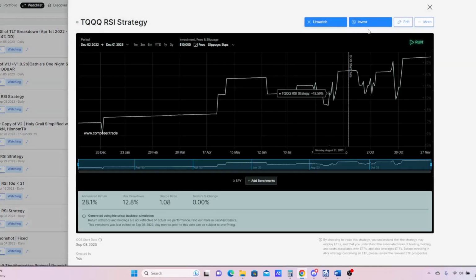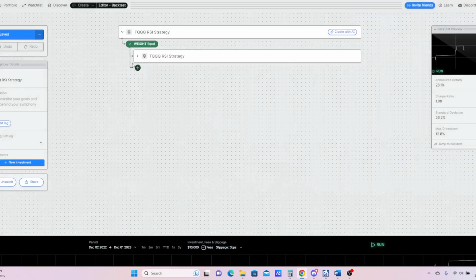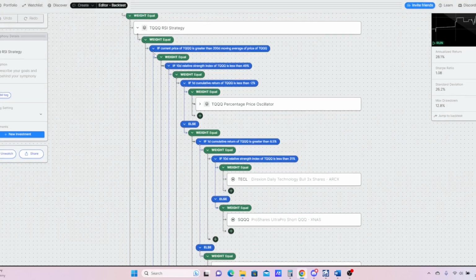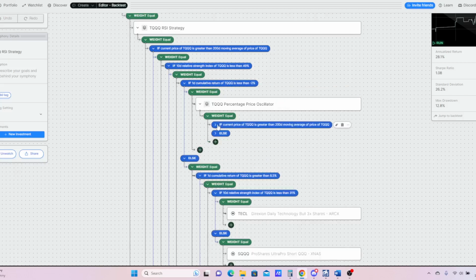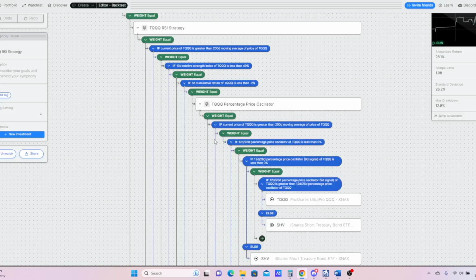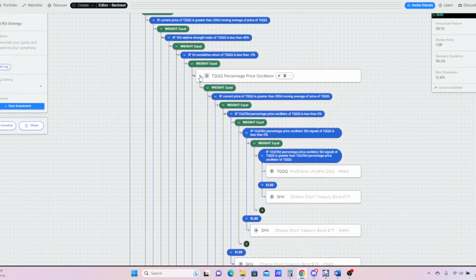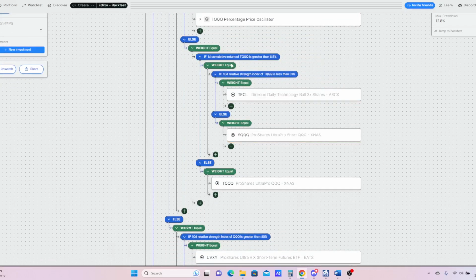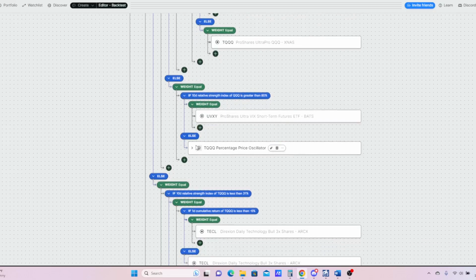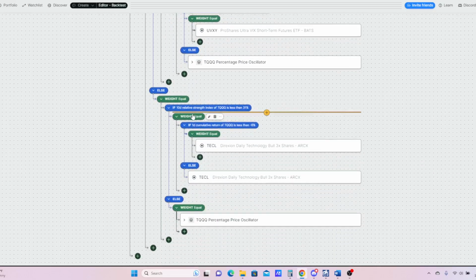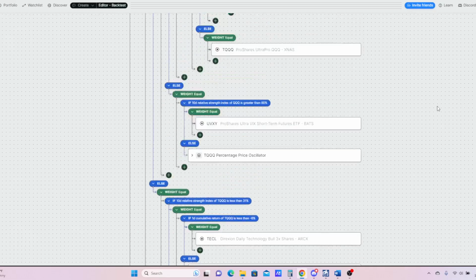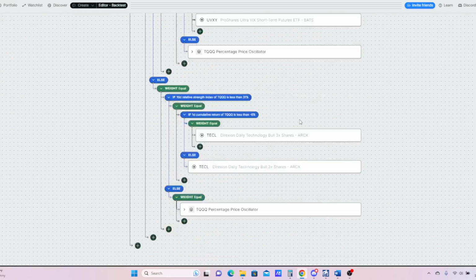Like this one, which is super simple: current price greater than 200-day, 10-day RSI less than 49, 1-day cumulative return less than -2. There's a percentage price oscillator strategy, which is basically a MACD strategy. The rest are simple TQQQ or SQQQ. That's UVXY.